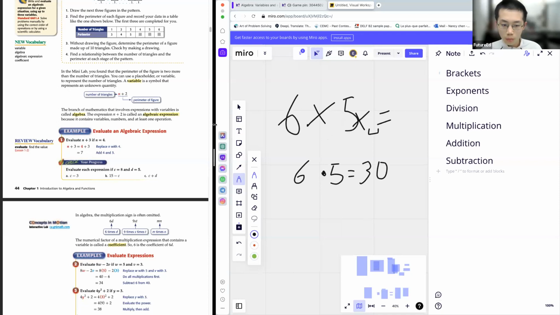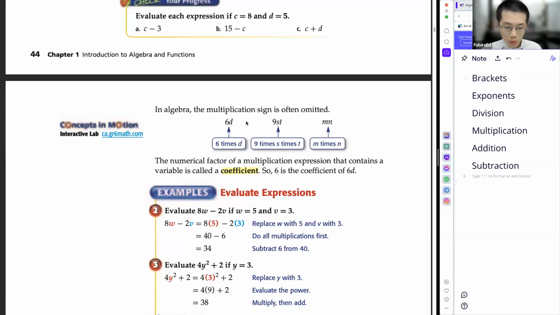Because if you start throwing in numbers, multiplication signs, and letters, it gets really messy really fast, which is why in algebra, 6d simply means 6 times d. There's no 6xd. Otherwise, you have no idea what it means. Similarly, 9st and mn mean 9 times s times t, or m times n, respectively.